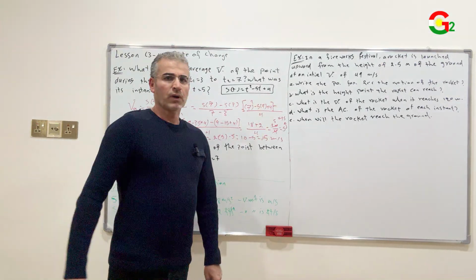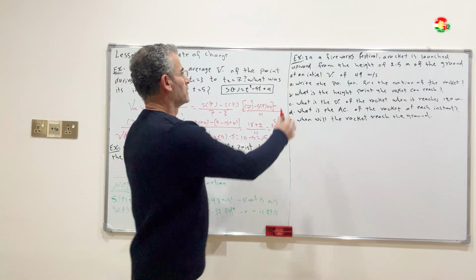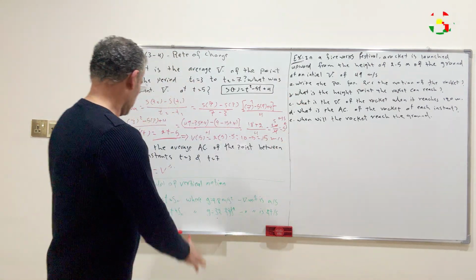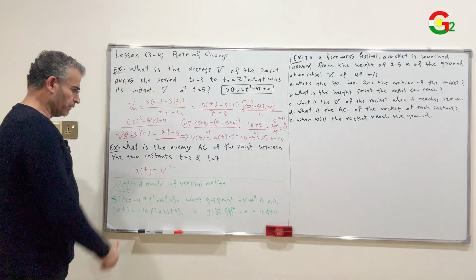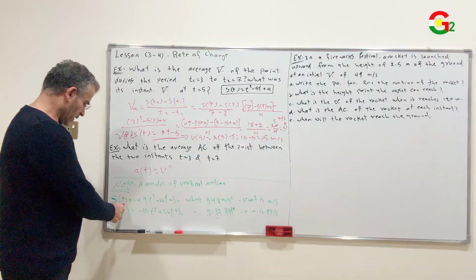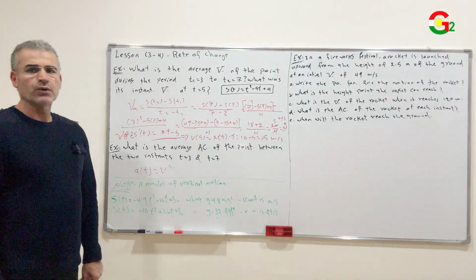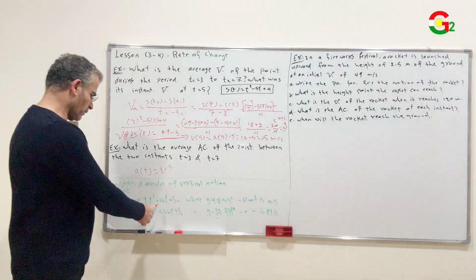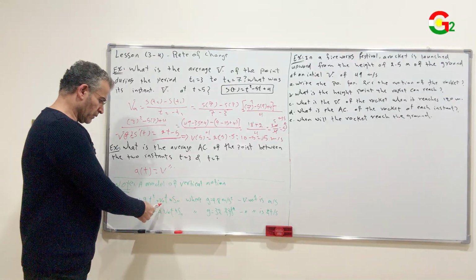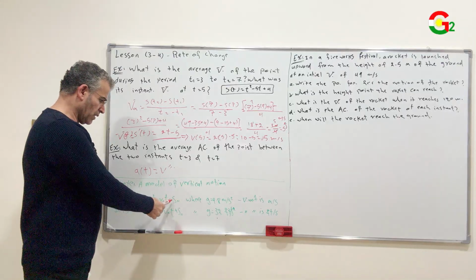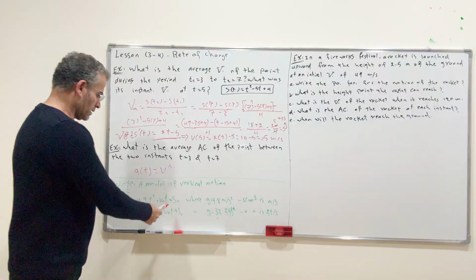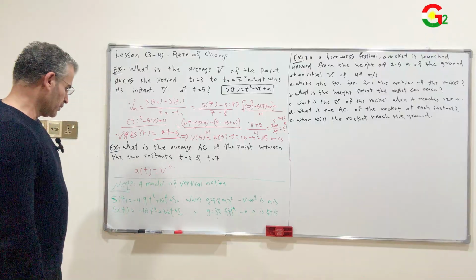Example, but before we study this example, we have a note. A model of vertical motion is s of t equals negative 4.9 t squared plus v naught t plus s naught, where v naught is the initial velocity and s naught is the initial position.